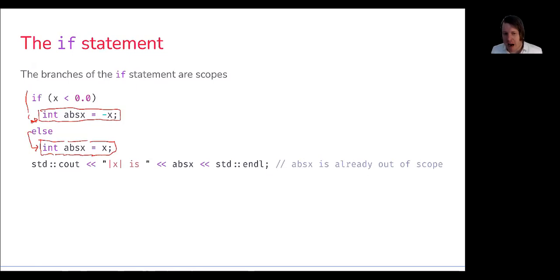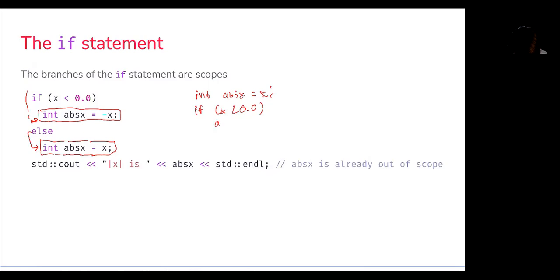Therefore, if we attempted to output the value of absX after our conditional here, we would receive a compilation error because absX is already out of scope. So one way to get around this might be to say that int absX is equal to x if x is less than 0.0. And again, we really should have some tolerance on this, but for simplicity, I am just glossing over that for now.